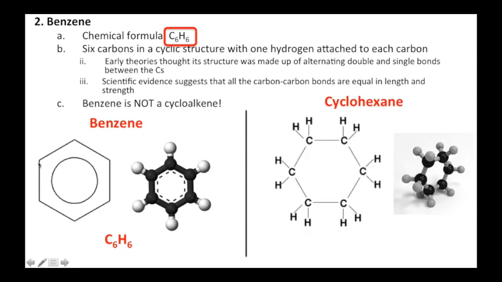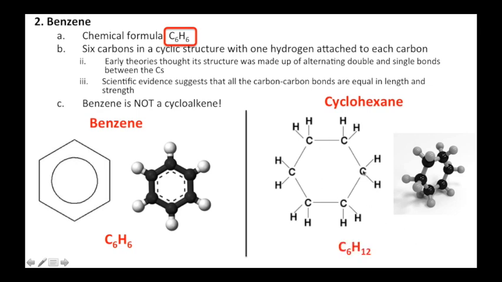So in both of these we have hexagons. 1, 2, 3, 4, 5, 6. There's a hexagon. You can see the 6 black carbons there. But off of each one of these carbons is 2 hydrogens as opposed to 1. So you count all that up and you get C6H12.